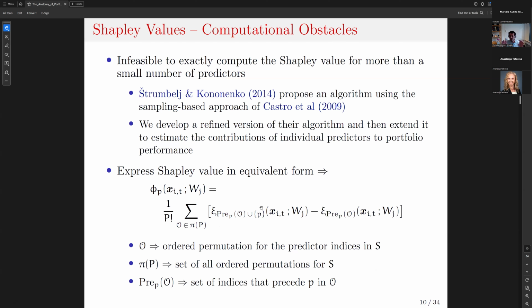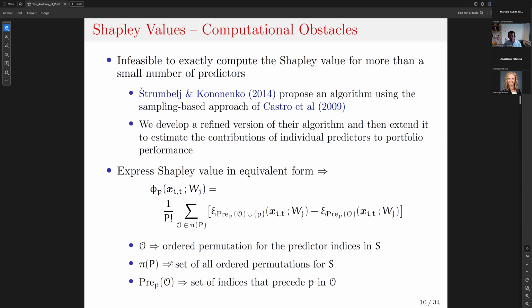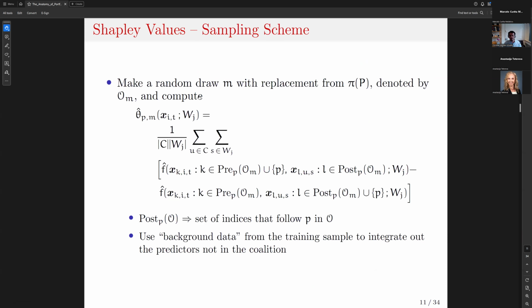And then you're just averaging across all of these marginal contributions, right? So the idea is to make a random draw of size M with replacement from pi_p, which is the set of all order permutations. And again, you compute the marginal contribution, and then you keep on doing that. Now, the interesting thing about this is that it converges quite fast, right?